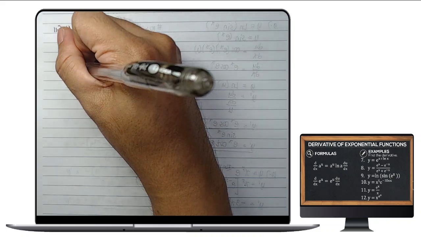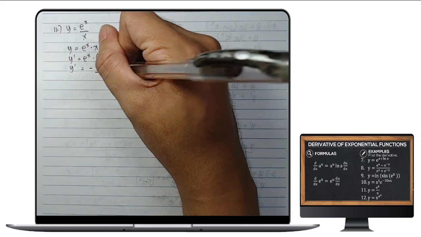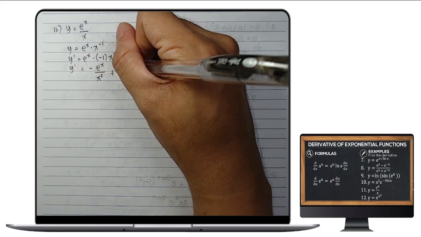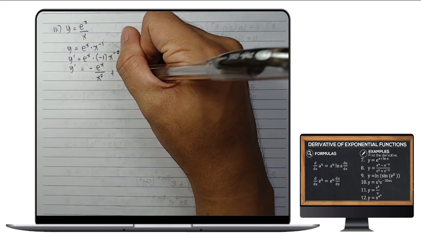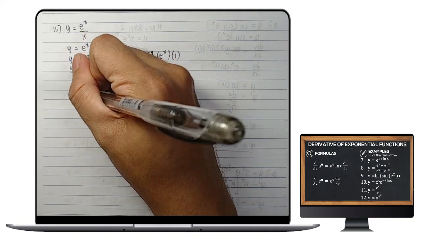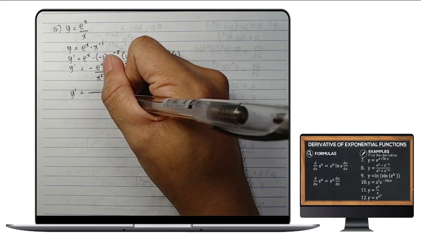So simplifying this, we have y prime is negative e raised to x all over x squared plus e raised to x over x. So simplifying this by getting the LCD, we have x squared.